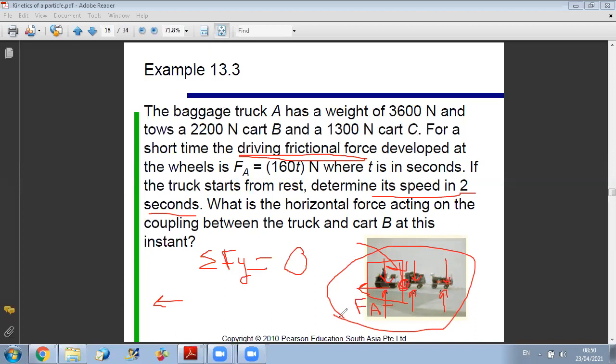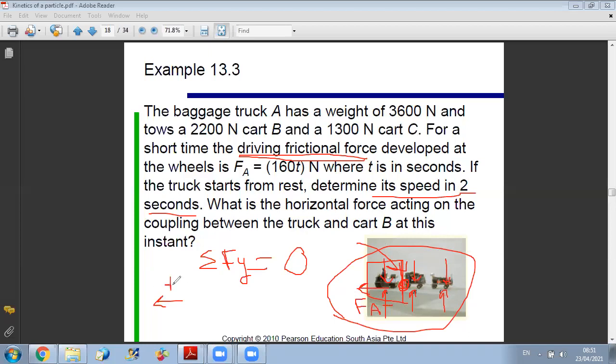When I take the whole system, this force is internal. But if I do a cut here, this force becomes external. Like in statics, when you want to find an internal force, you do a cut. So first, in order to not increase the number of unknowns, I will take the whole system. Then the only force acting on the whole system will be Fa.